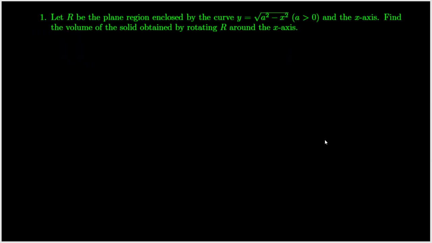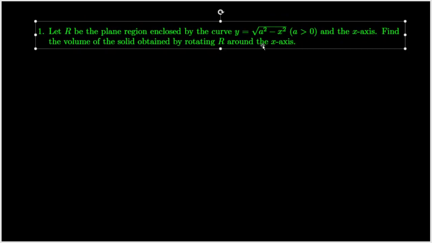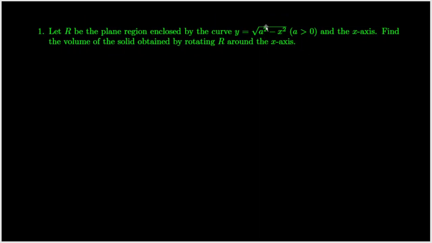Now the first question I want to go over is actually the first question on the handout. I'm going to make the question a little bit simpler. I'm not going to use a general number a. I want to use a particular a value to talk about how to compute the solid.